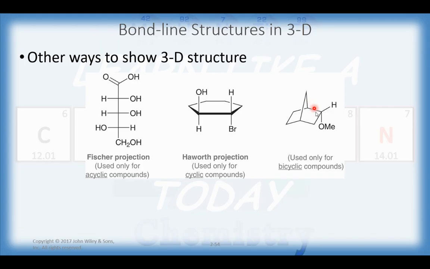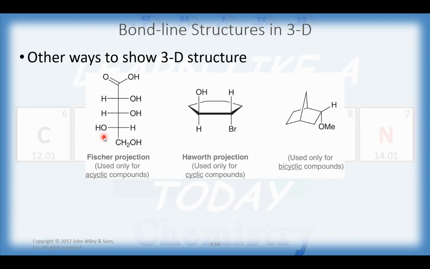You'll notice in this, we don't really use wedges, but we use different angles, okay, for the axial and the equatorial positions to show how those groups are sticking out. Then you have Haworth projections, which again take that ring and kind of tilt it on its side, and wedge structure. The groups coming off of those carbons in a Haworth projection are just usually drawn vertical and above and below.